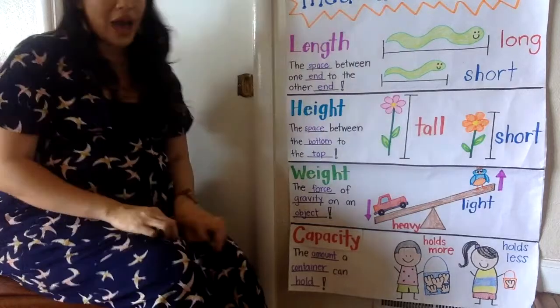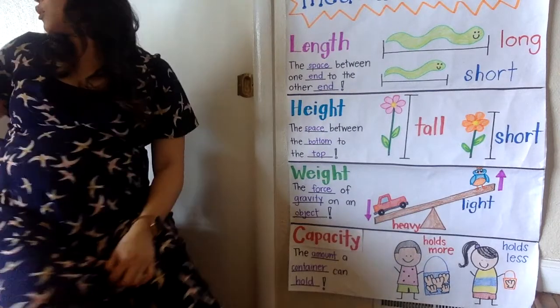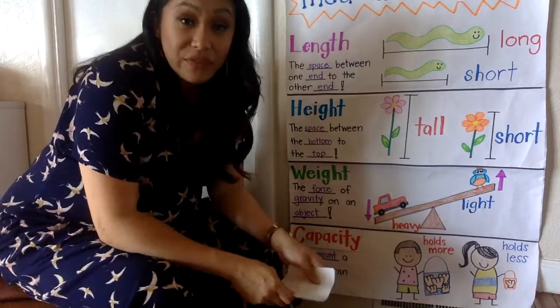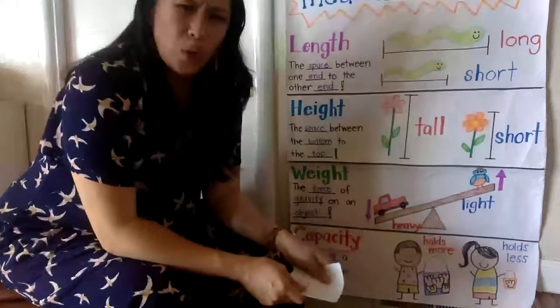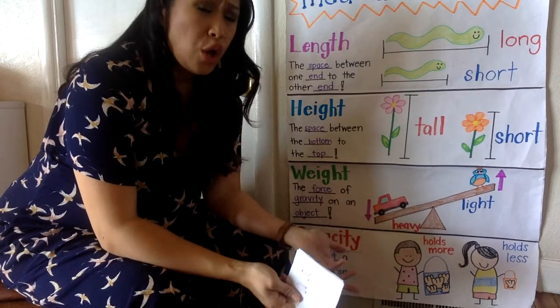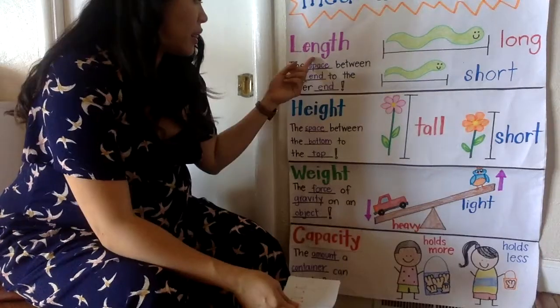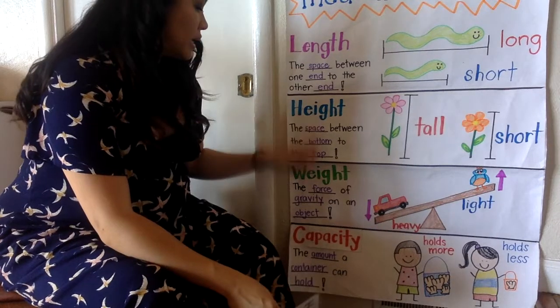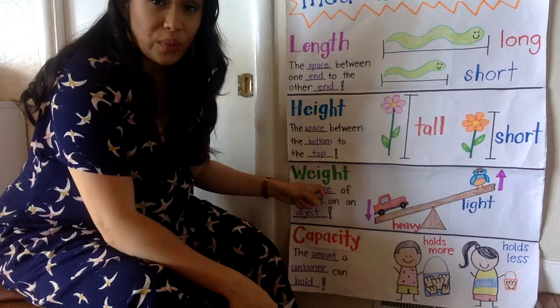Nice, great. So I'm going to do a little check with you. I want to see if you remember. If I give you a question, which one would we use to answer this question? Would I want to measure for length? Would I want to measure for height? Would I want to measure for weight?